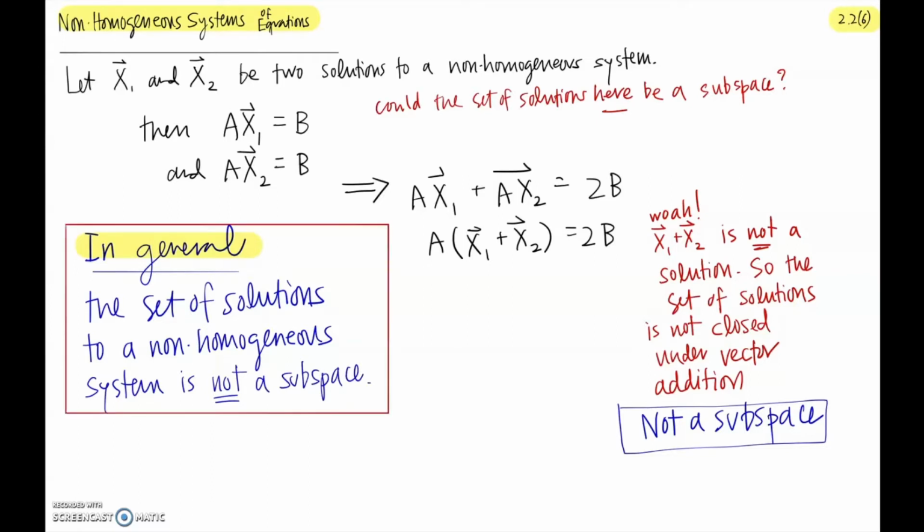So that whole group, that whole gaggle of solutions to a homogeneous system, they follow the rules really well to form a subspace. But these non-homogeneous systems, their solutions don't behave well enough to stay closed under vector addition or scalar multiplication, and so they will not be a subspace.